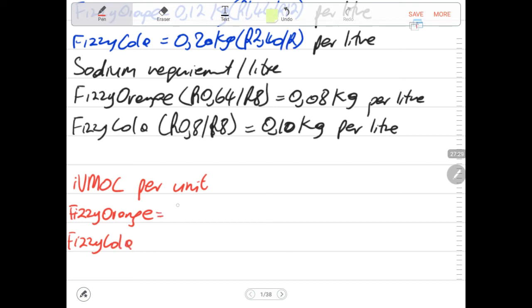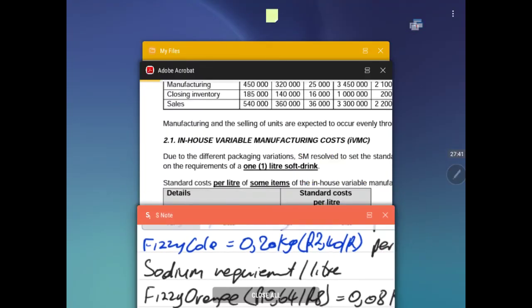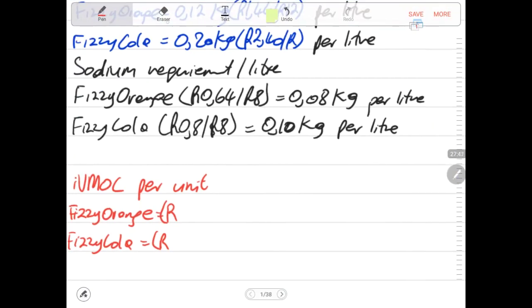Now how will I do this? I need to calculate my total cost, and I will have to multiply for each of the products. I will need it for all 3 products. For fizzy orange, we have the can, the body, and the jumbo.